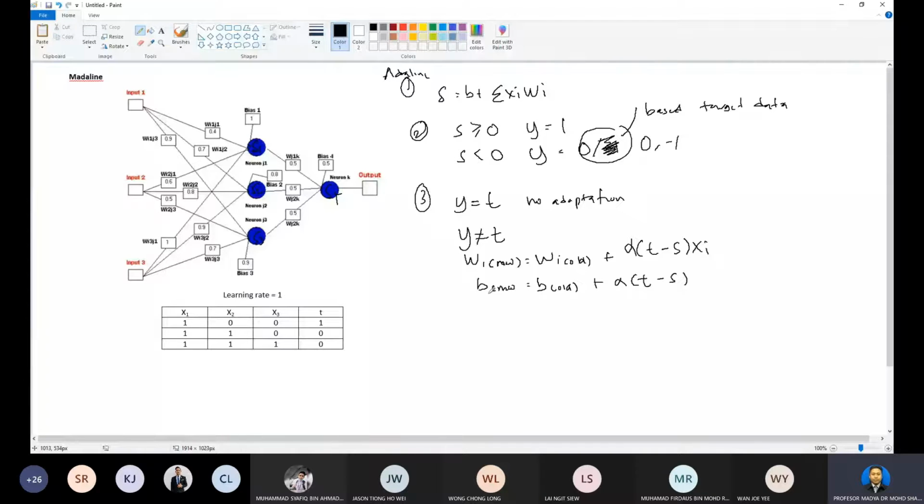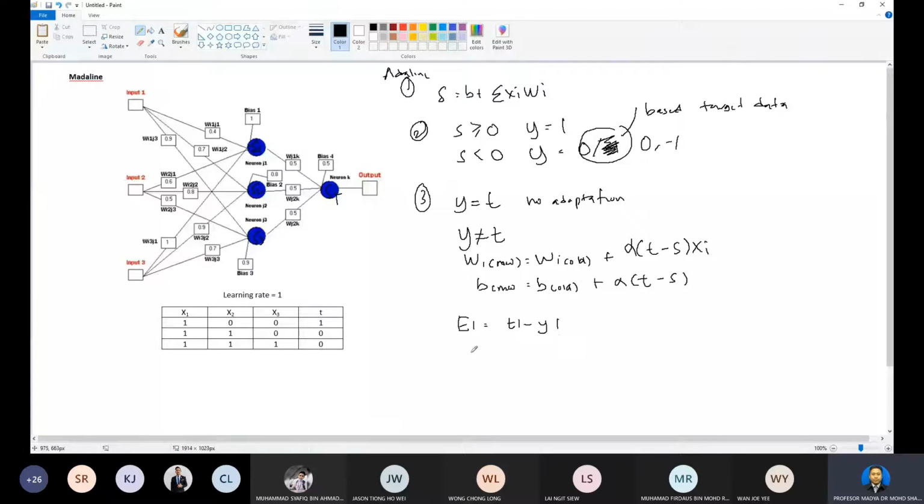But as mentioned in the previous class, the other line has a stopping condition, which is the error. You have to calculate the error for every iteration: error 1 is t1 minus y1.